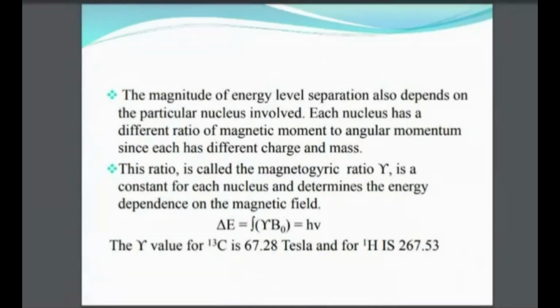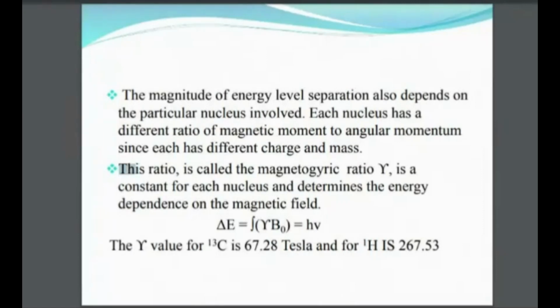So the mass of every nucleus is different. But if you consider the charge to mass ratio, it will also be very specific. You must have heard charge to mass ratio, mass to charge ratio in case of mass spectrometry. So it is something like that only. Because every nucleus will have a different mass.